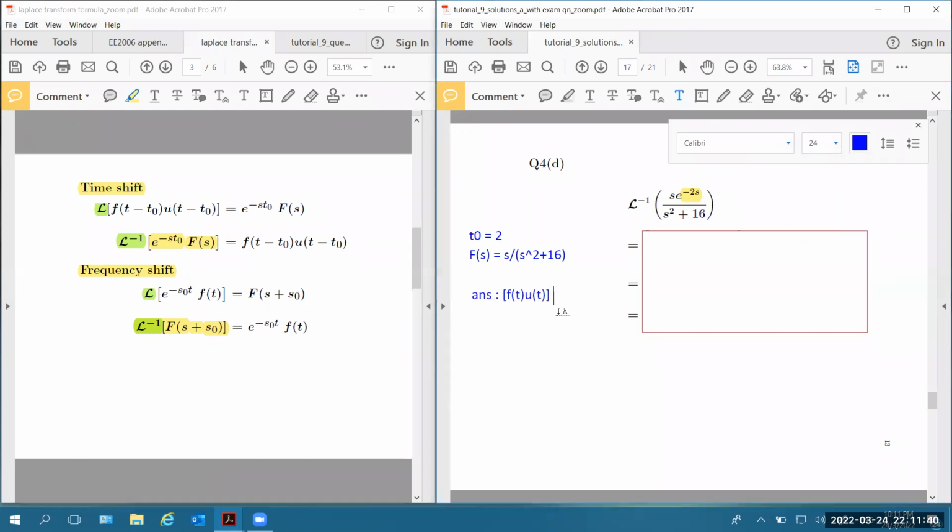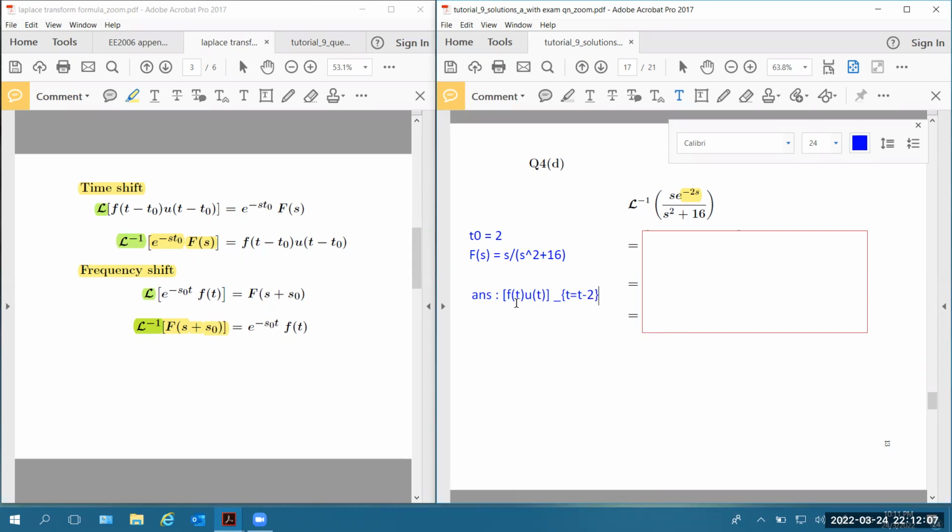So subscript t equal to t minus t naught. So actually this means f(t minus t naught) u(t minus t naught). Right? So we know this is the answer.